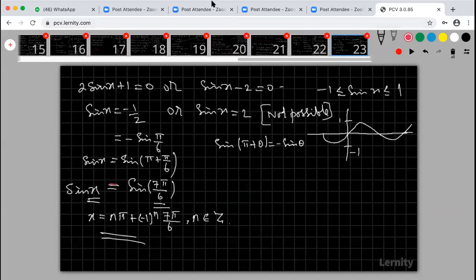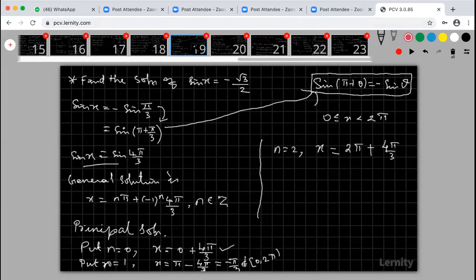So some student is asking in exercise 3.3, which slide you want? 19. This is 19. Yeah, some students are asking the problem in 3.3 exercise.